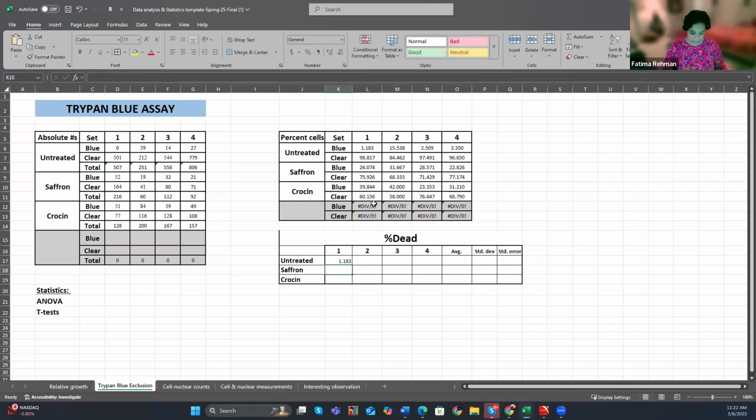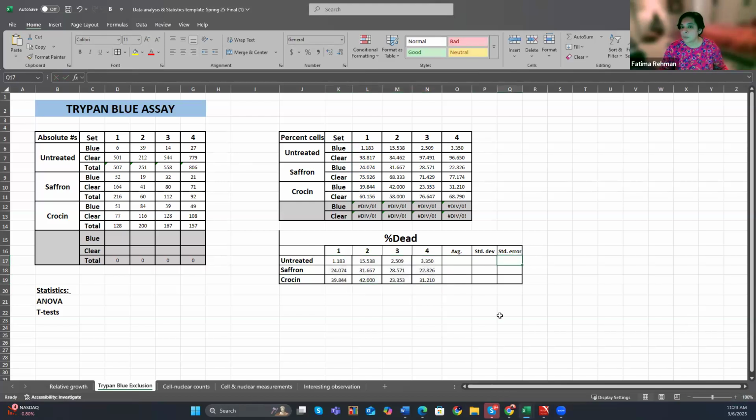So I'm looking for my cells that were dead, and then here as well. Then I'm going to drag this across to get my remaining numbers. Once I have them, I'm going to take my average, standard deviation, and error.